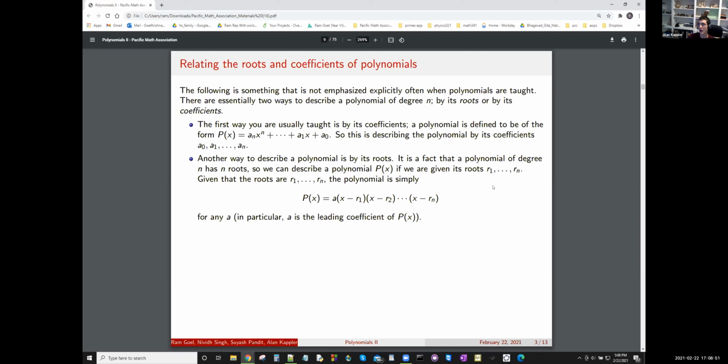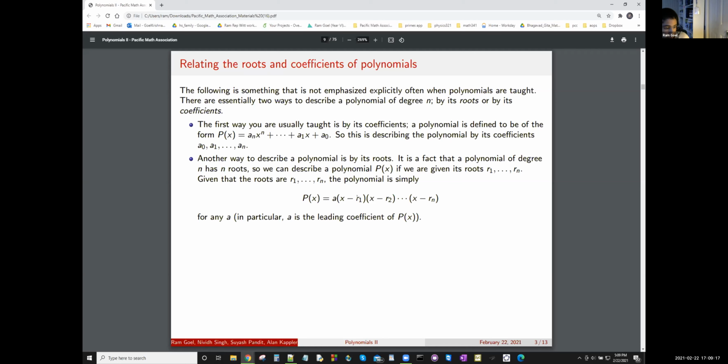You have to say 1 times x plus i times x minus i. So what Alan is mentioning is, if you've heard of complex numbers, that the roots in general can be complex numbers. For example, the polynomial x squared plus 1 doesn't have real roots, so it factors as x plus i times x minus i. Yeah, i and negative i are not real.